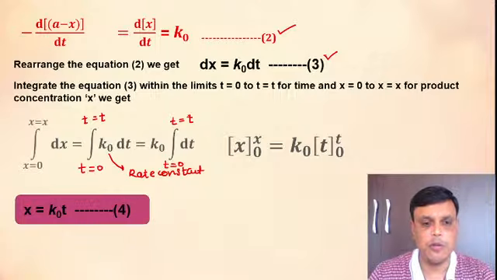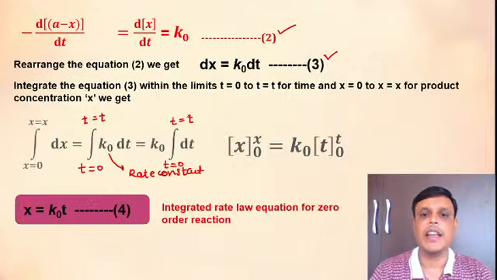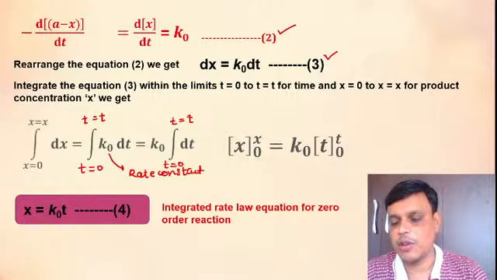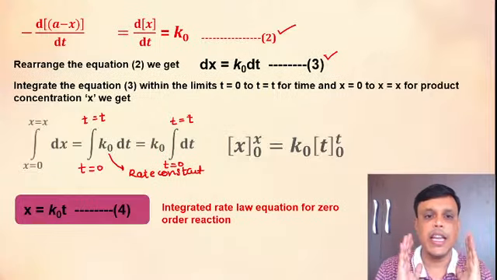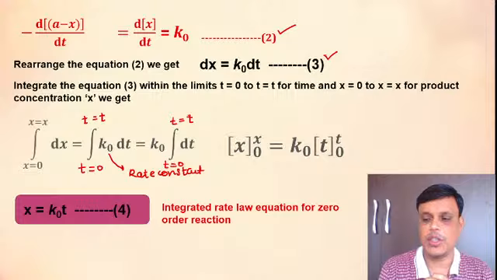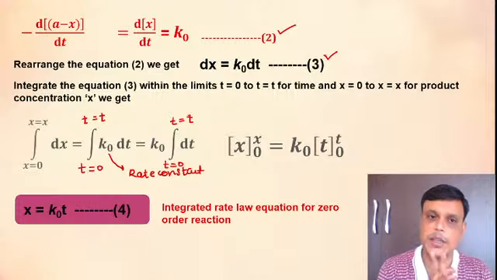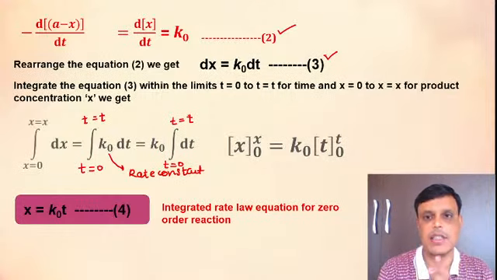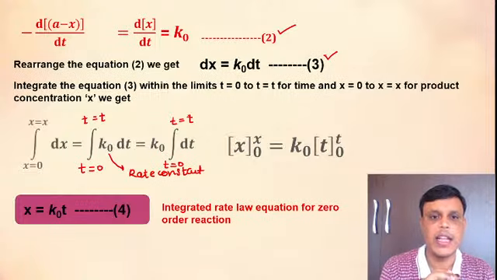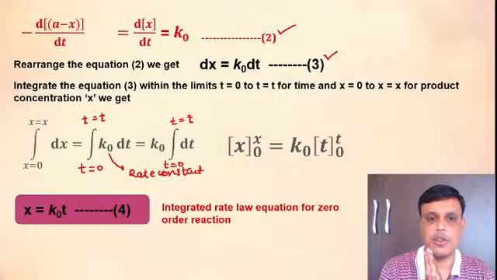Call this equation number 4, and this is our integrated rate law equation for zero order reactions. Please remember this, very simple है zero order reactions का, first and second order reactions थोड़े complicated हैं, ठीक है. So we have got the integrated rate law equation for zero order reactions, x is equal to k0 t.